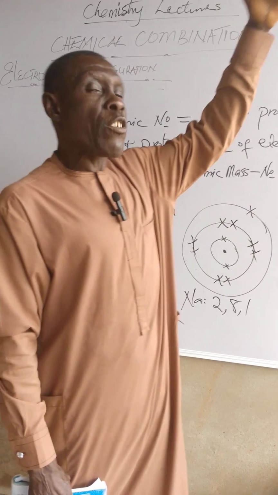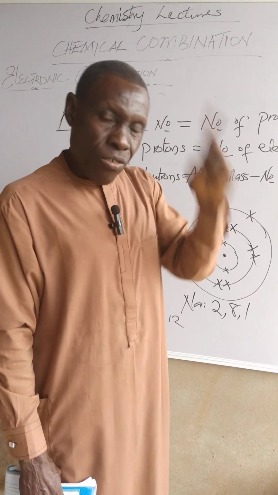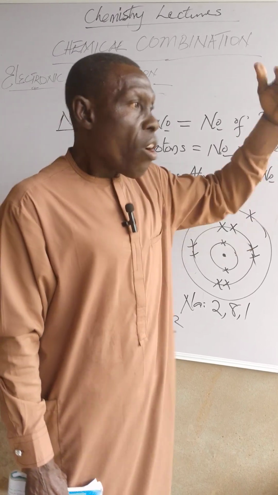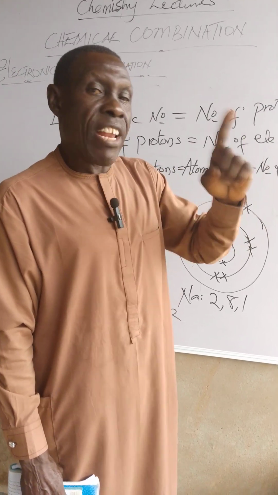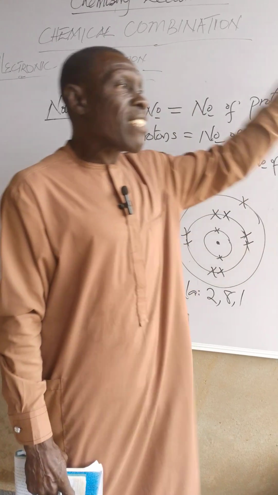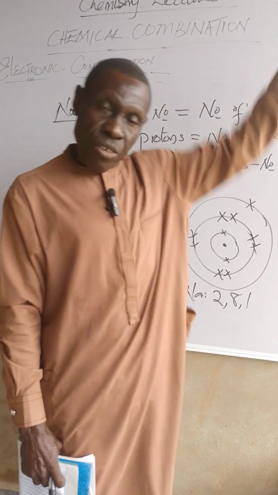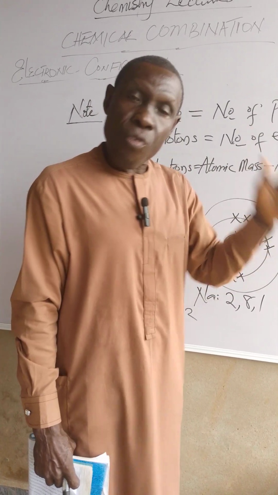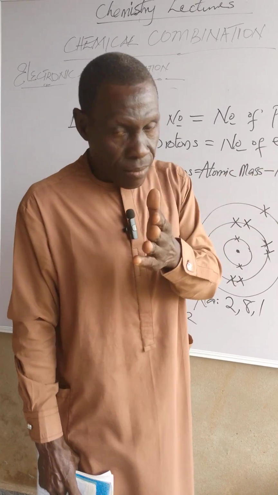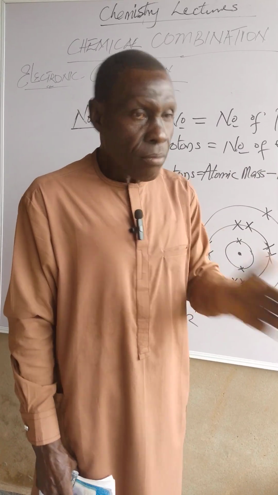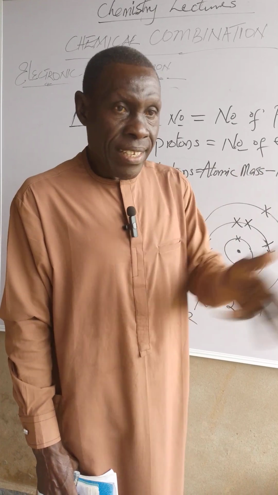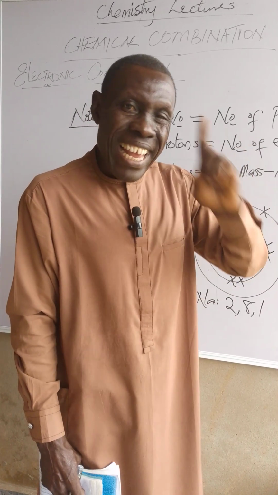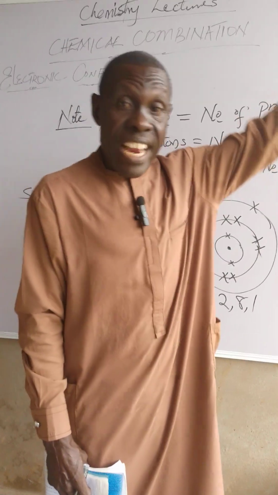So all the elements in group 1 have 1 electron in the outermost shell. All elements in group 2 have 2 electrons in the outermost shell. All elements in group 3 have 3 electrons in the outermost shell. The same thing with group 4, 5, 6, 7. Like chlorine, the halogens like bromine, astatine, they all have 7 electrons in the outermost shell.